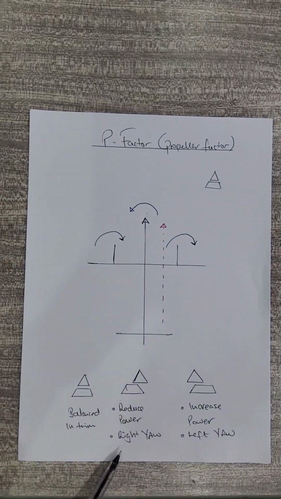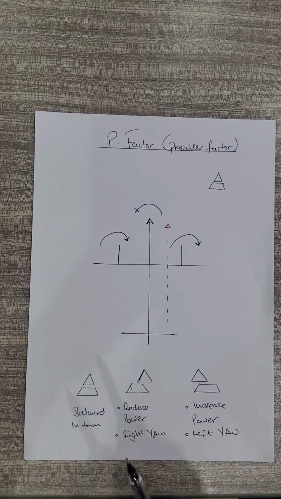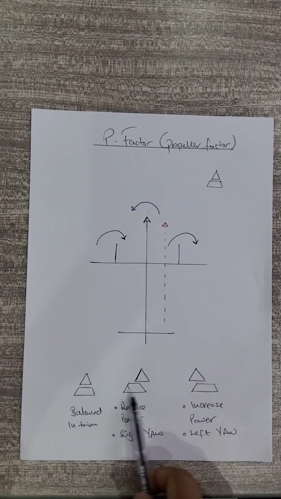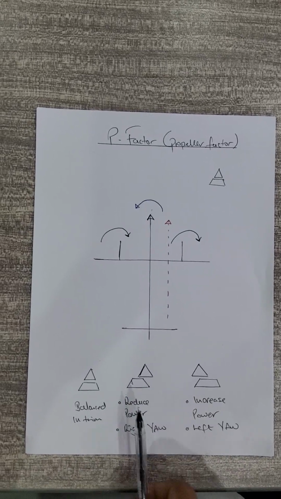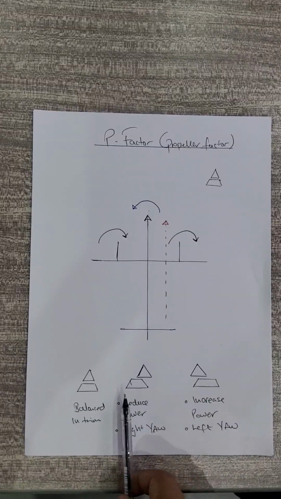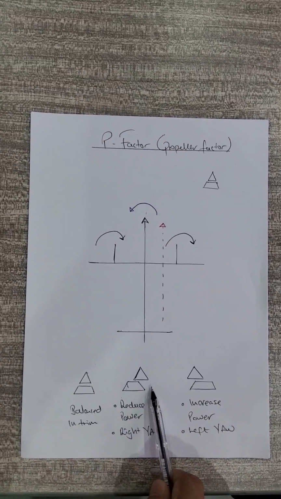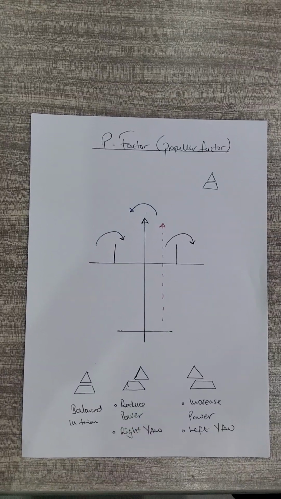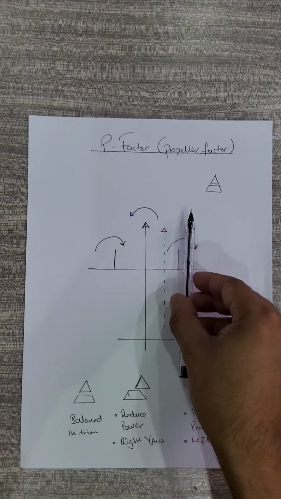Okay, and then you'll be compensating that by trimming the rudder trim to the left. So you bring this back into the center. You'll have a right yaw of the aircraft when you reduce power, so the slip skid indicator will go to the left. So you'll trim to the left to bring this back to the center. Right. When you apply power, what's going to happen? The thrust vector will start moving further out.